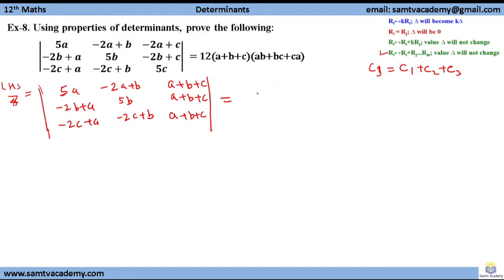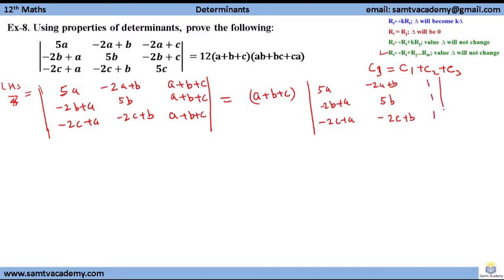If you take common a + b + c, you are left with the first two columns as they are: 5a, minus 2b plus a minus 2c plus a, minus 2a plus b, 5b, minus 2c plus b, and in the third column 1, 1, 1.